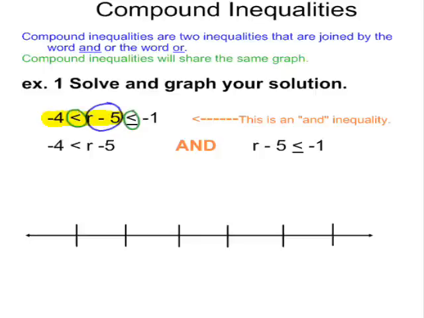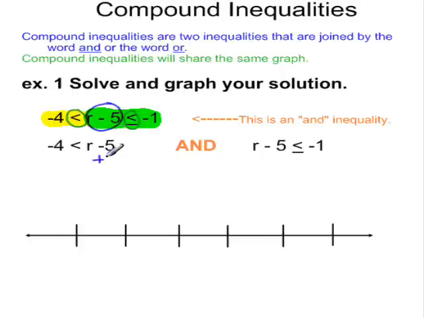For the second one, we're going to take the -1 and the less than or equals to sign, and we're also connecting that with the middle term. So the second problem that we're going to be looking at is r minus 5 is less than or equal to -1. So we've taken one problem and we've created two with it, which means we're going to have two answers.